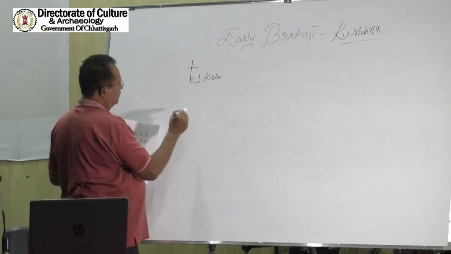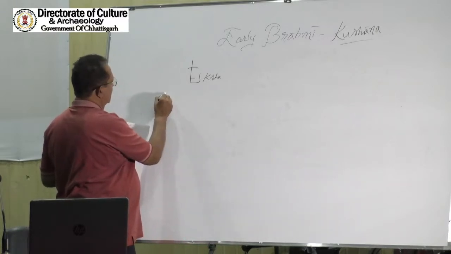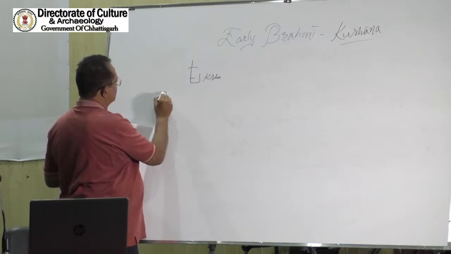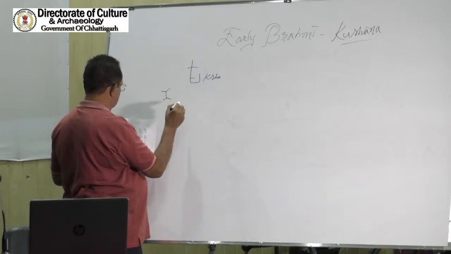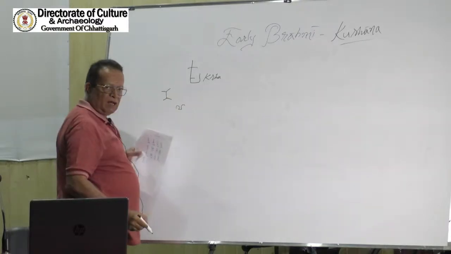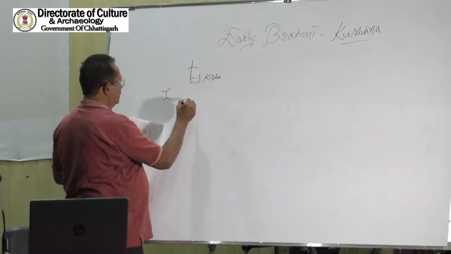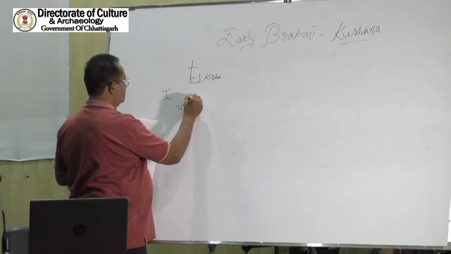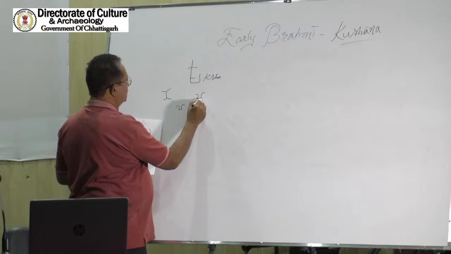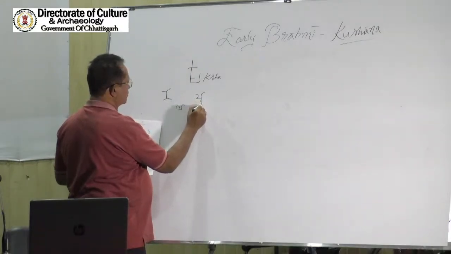And don't think, now I'm writing like this, but it assumes some forms also like this, though it is prominently seen in the Gupta. This is na, when you write. And this is da. Sometimes in conjuncts, it assumes different forms.